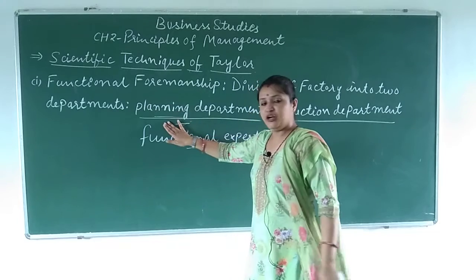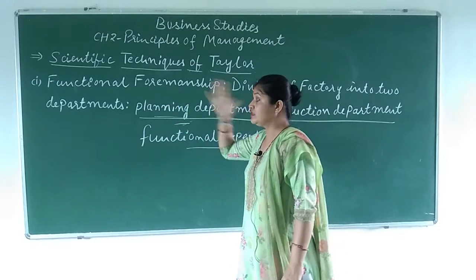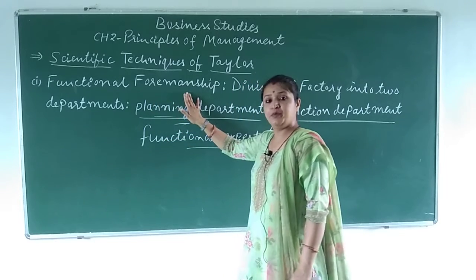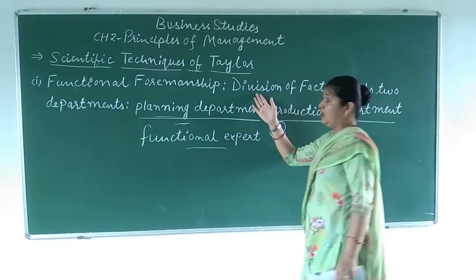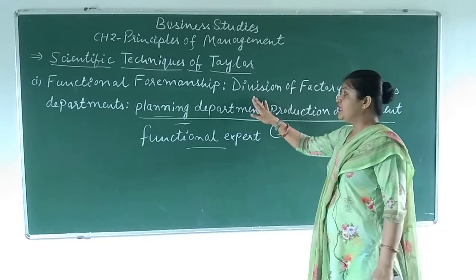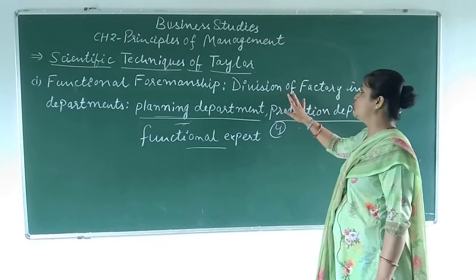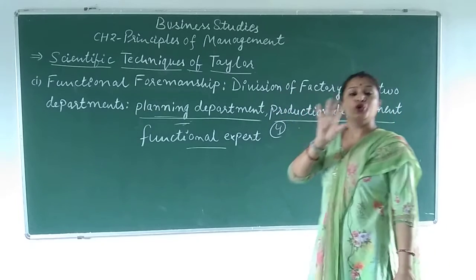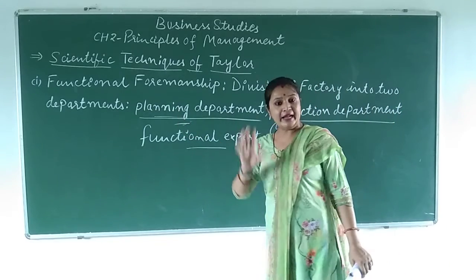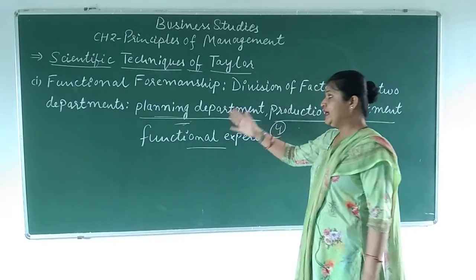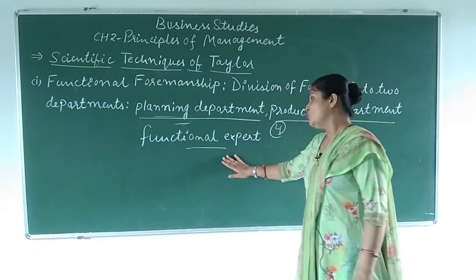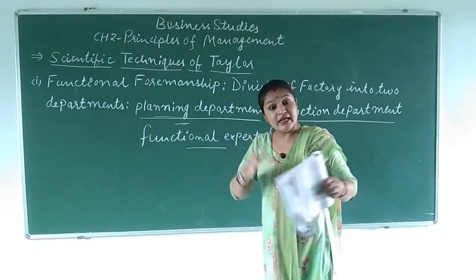So this is what we have understood about functional foremanship: Taylor suggested a division of the factory into two departments, the planning department and the production department, and for every department there should be functional experts.